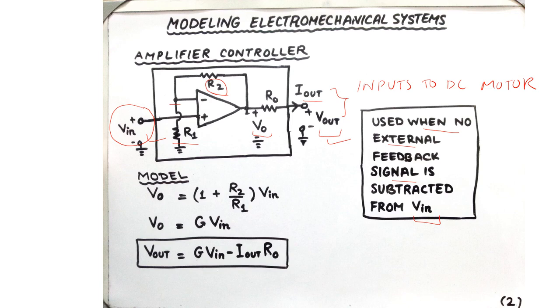But before we do that, we should notice there is some resistance which is connected between the output of the op-amp and the terminals over here which are connected to the stator windings. This R naught accounts for the amplifier output resistance.